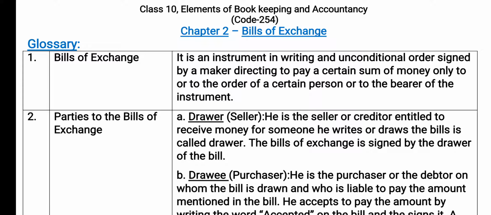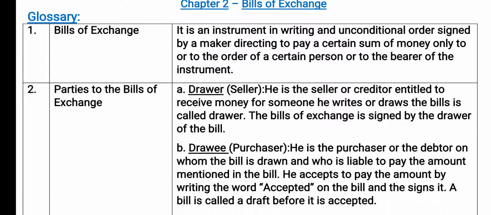So, students, a bill of exchange is an instrument which can be used as a legal document in the court as a proof. So, it is an instrument in writing because whatever is in writing can be used as a legal document.